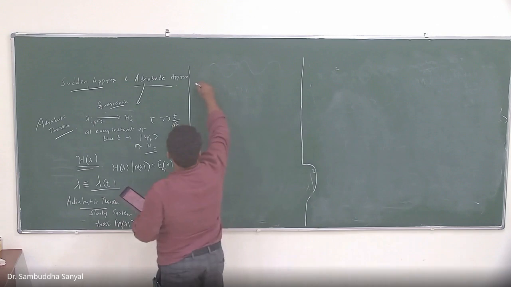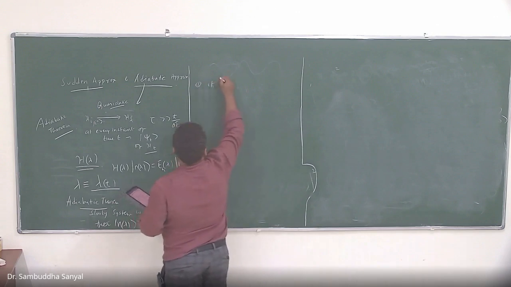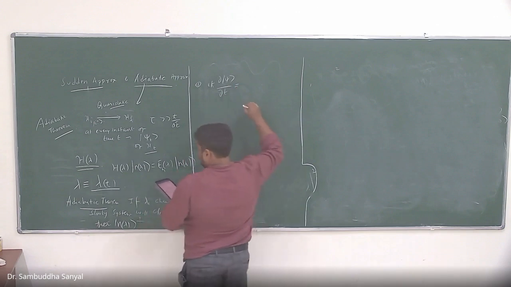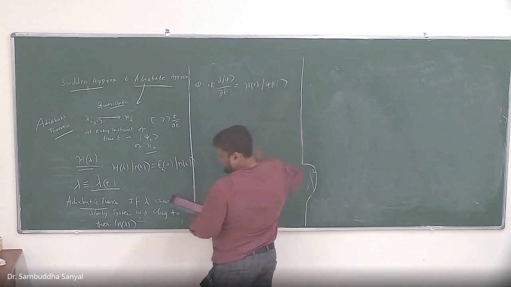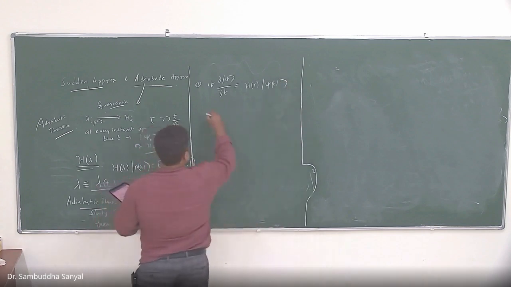Let's say I have the time-dependent Schrodinger equation. And I write down an ansatz solution, which is this.